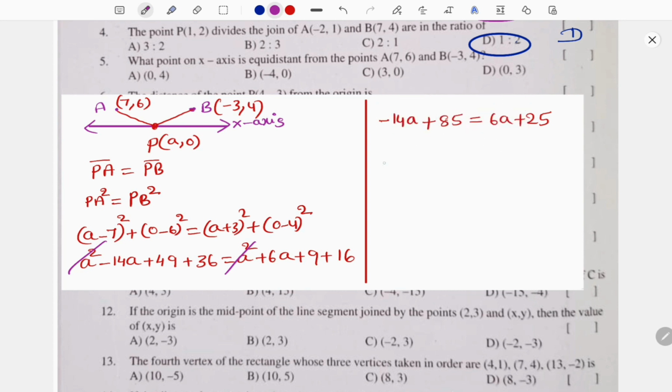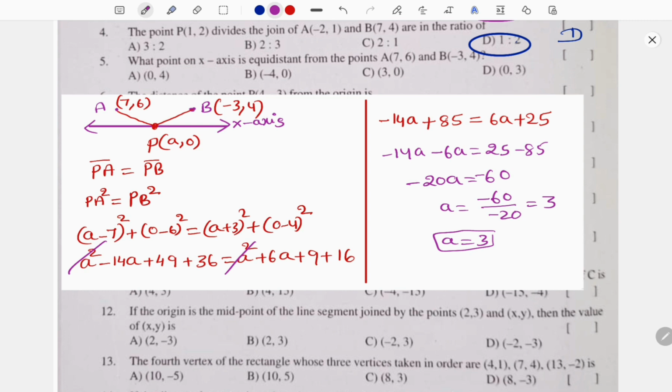Now 6a is taken to this side, so minus 14a minus 6a is equal to 25 minus 85. Now we get minus 20a is equal to minus 60. Now a is equal to minus 60 by minus 20, that is equal to 3. We get a is equal to 3.